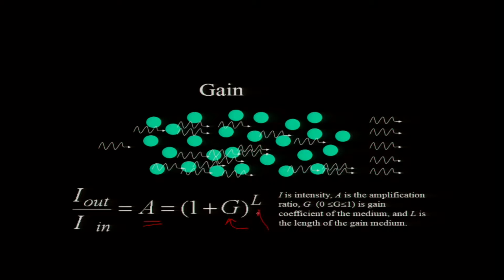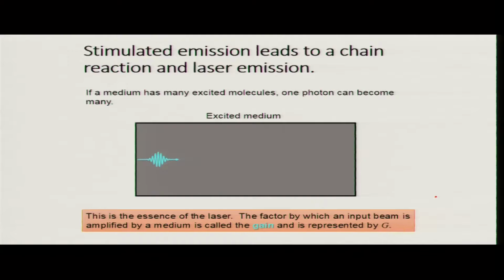The length of the gain medium is L. So, as long as there is an amplification process, this expression is valid, and we can have a gain in the system.